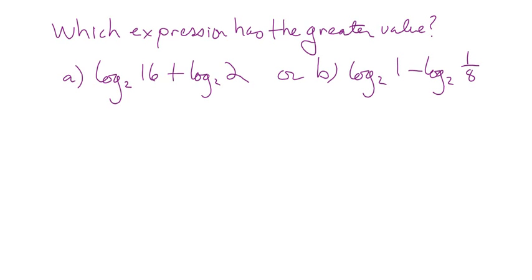Okay, what do we have to do? Well, we have to evaluate them, right? We're going to figure out which one is the greater value, so we have to evaluate. Now, each one is a separate log expression. What is a log expression? Log base 2 of 16. What's a logarithm? It's an exponent, right? What's an exponent? Just a number. So log base 2 of 16 is just a number.